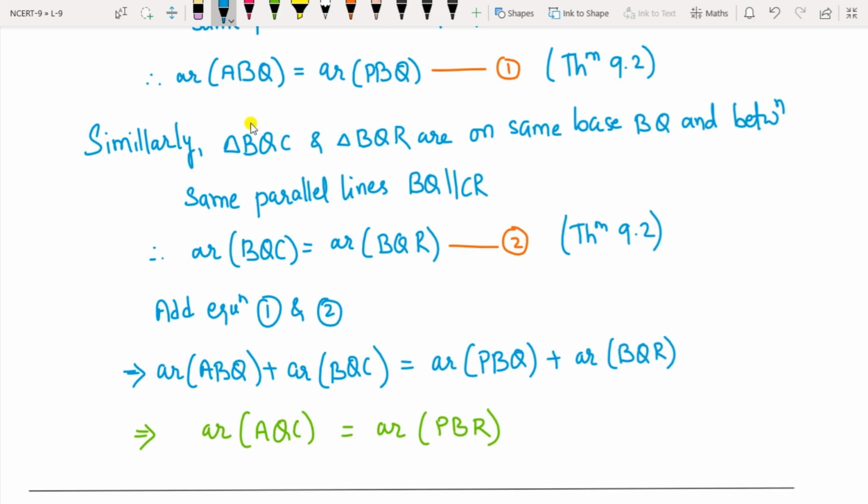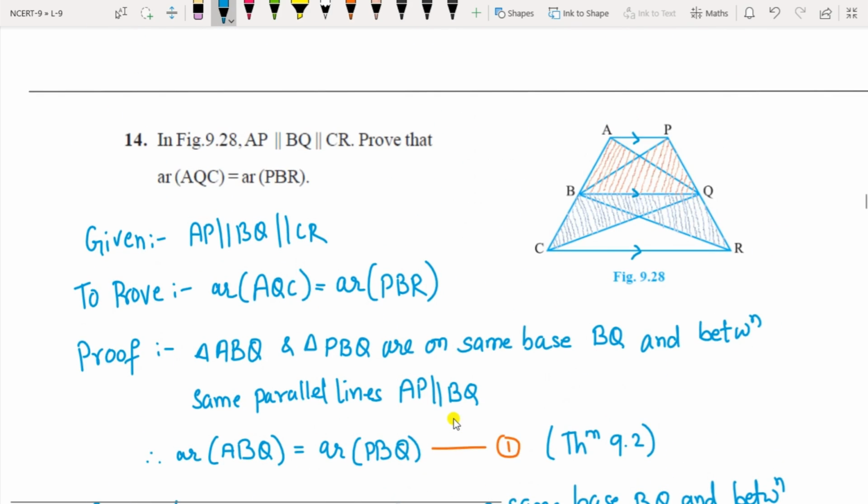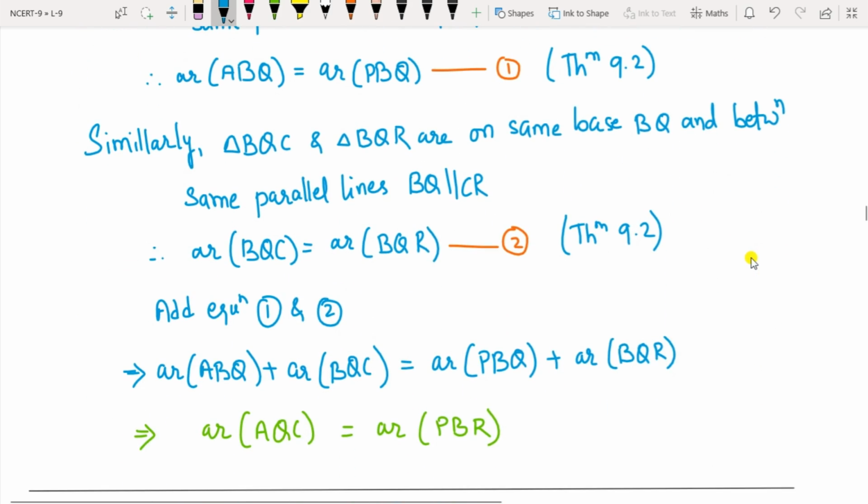So you will get ABQ plus BQC will be AQC and PBQ plus BQR will be PBR. So that is the required result.